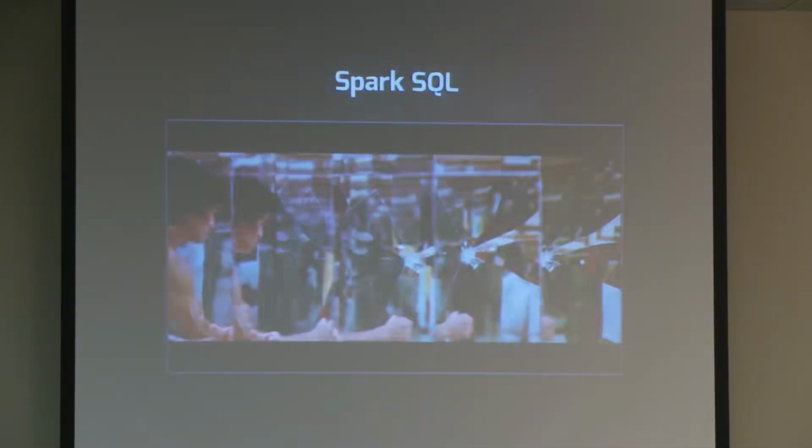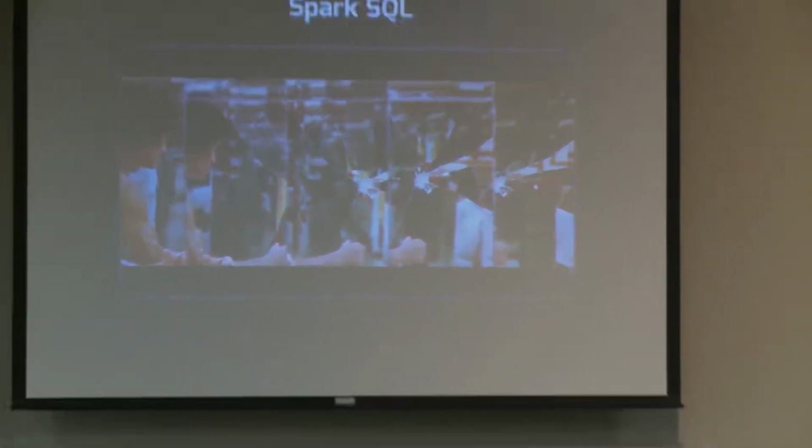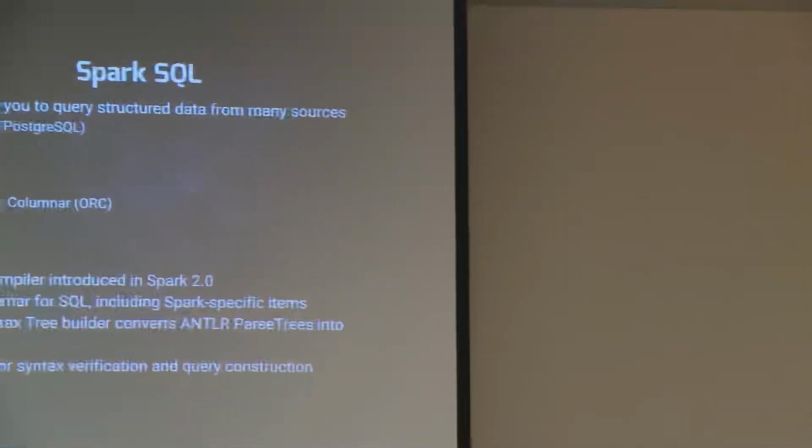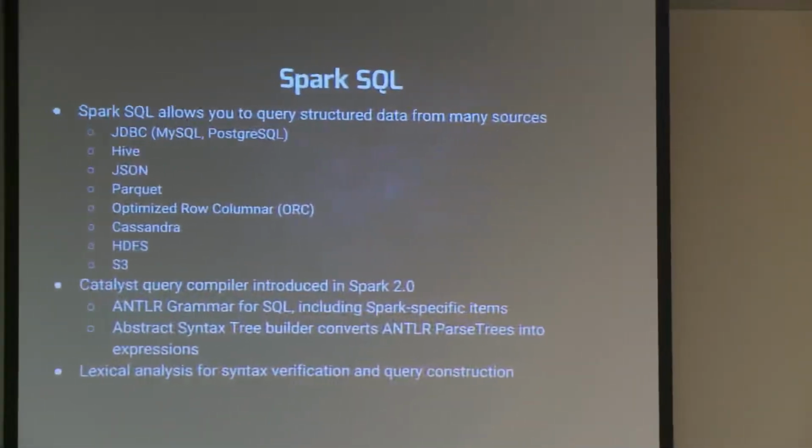Cool. So let's talk about Spark SQL. Spark SQL is probably one of the coolest things about Spark to me. It's really, really powerful, but there are lots of areas that are ripe for research. For starters, Spark SQL is a little bit broader than just SQL. It works as more of an abstraction and lets you work with a lot of different underlying data formats.